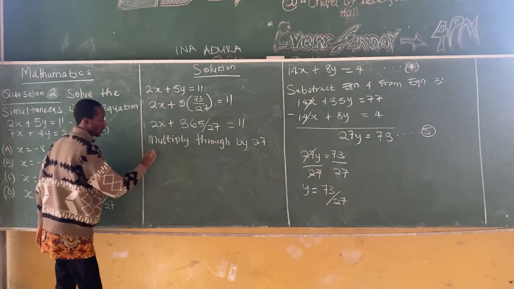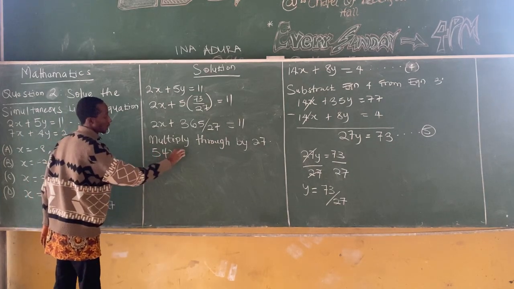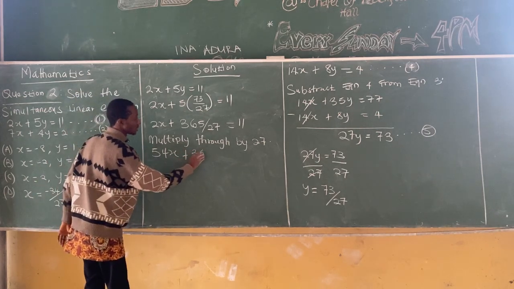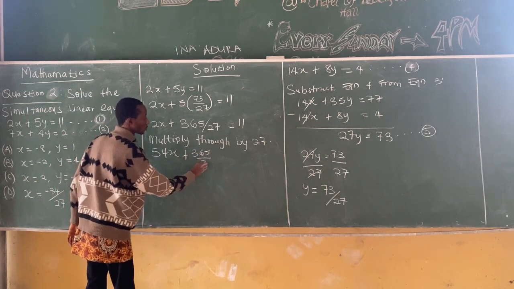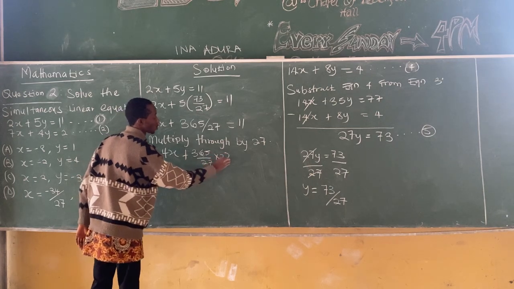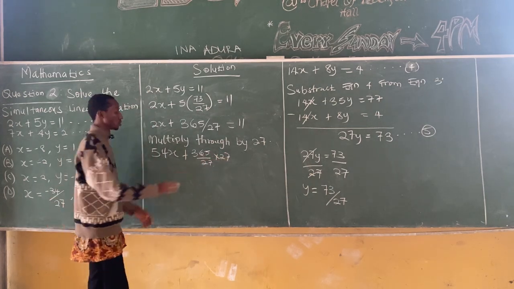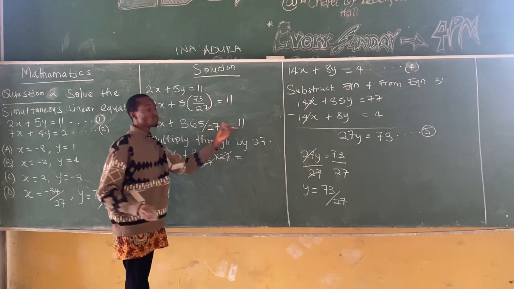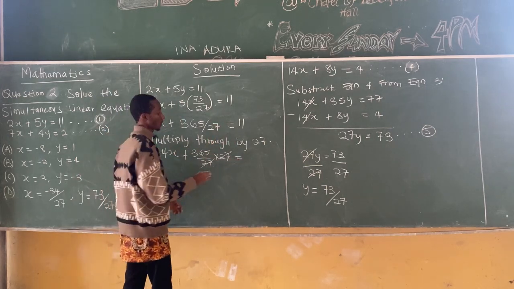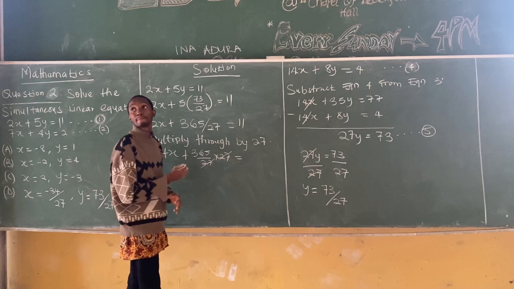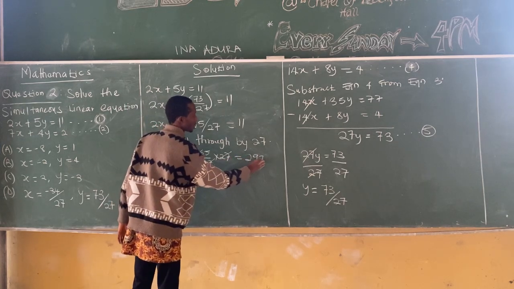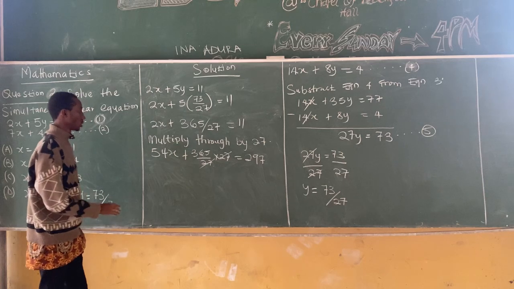So we have 54x plus 365 all over 27 times 27. Don't forget you're multiplying through by 27. 27 will take away this. Is equal to 11 times 27 will give us what? 297.